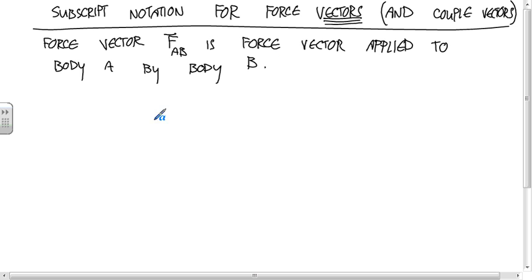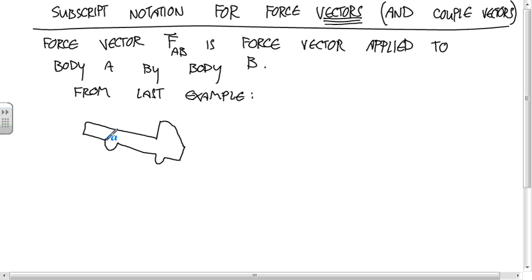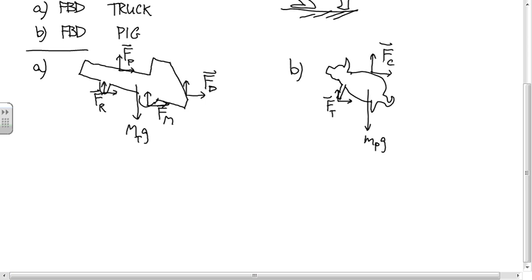So if I redid that last example, the free body diagram of the truck would have the force vector on the truck by the road.